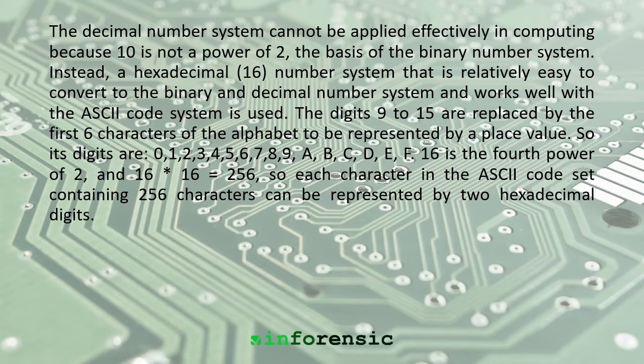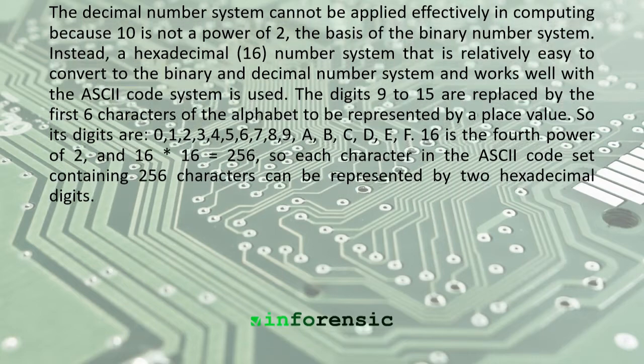So its digits are 0, 1, 2, 3, 4, 5, 6, 7, 8, 9, A, B, C, D, E, F. 16 is the fourth power of 2, and 16 times 16 equals 256, so each character in the ASCII code set containing 256 characters can be represented by 2 hexadecimal digits.